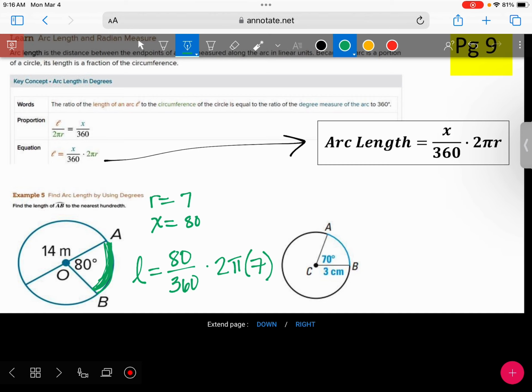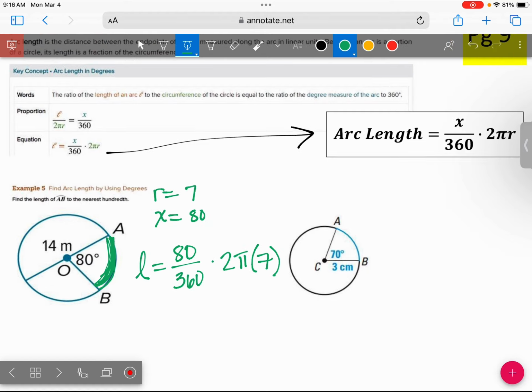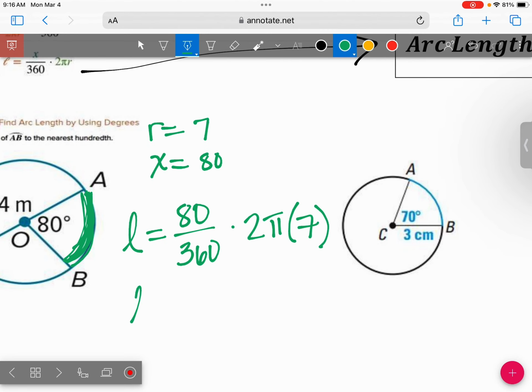And then times 2, hit the pi key, 7. And then you want to hit that button above it, above enter, to get it as a decimal. We're going to round it to the hundredths place, which means I need 2 numbers after the decimal. So L equals 9.77 meters.